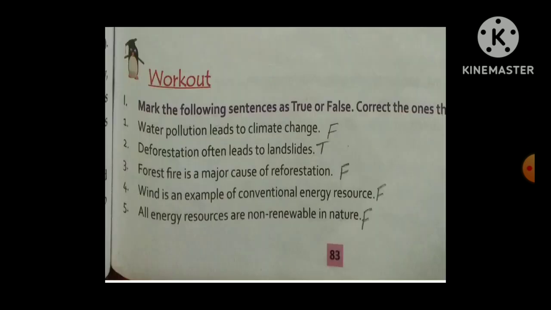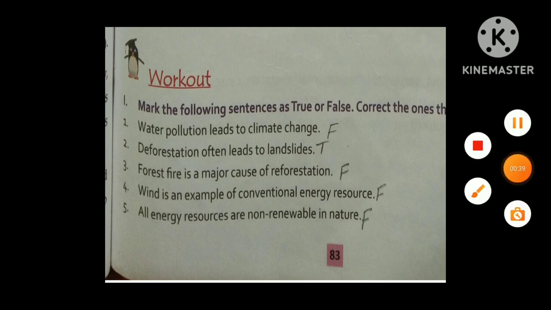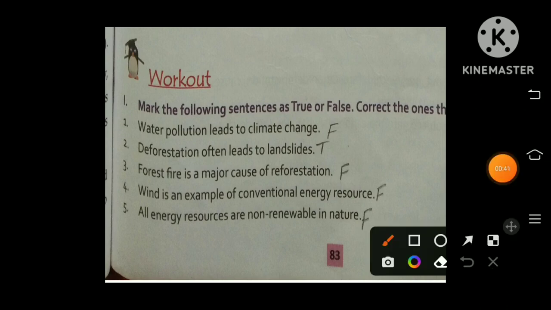Okay, so here is true false. First true false: water pollution leads to climate change. That is false, because air pollution leads to climate change. Next is deforestation often leads to landslides.